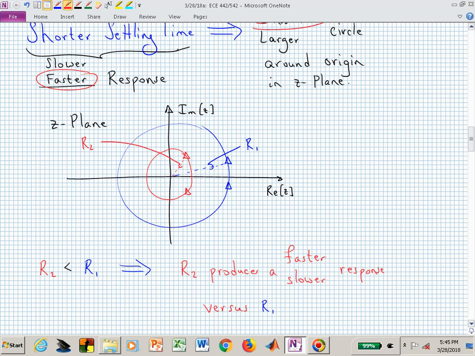R2 produces a blank response versus R sub 1. So relative to R sub 1, R sub 2 produces, show me your thumbs at the count of 3. 1, 2, 3. So now this is giving us a faster response relative to R sub 1. So R2 poles are faster than R1 poles.